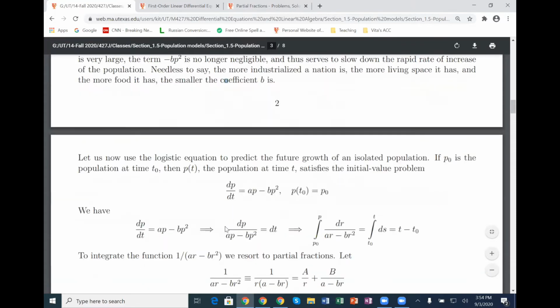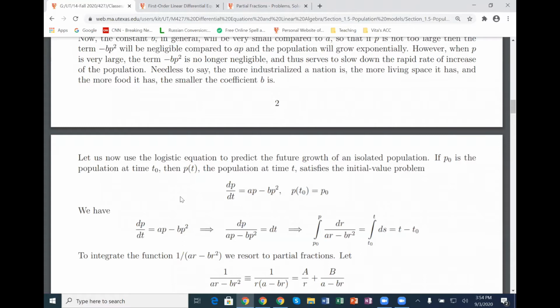So the new initial value problem is now this: dp/dt = ap - bp², and p(t0) = p0. Question is, how do we solve this initial value problem?